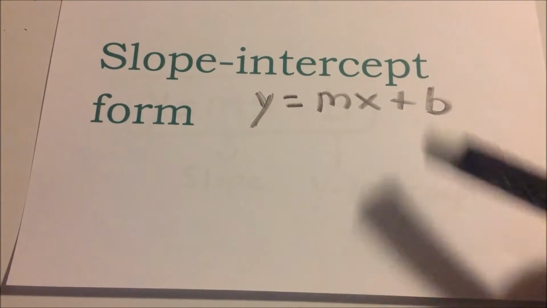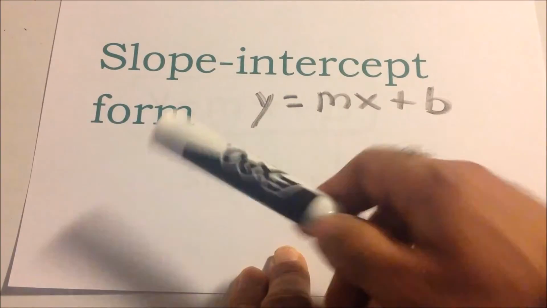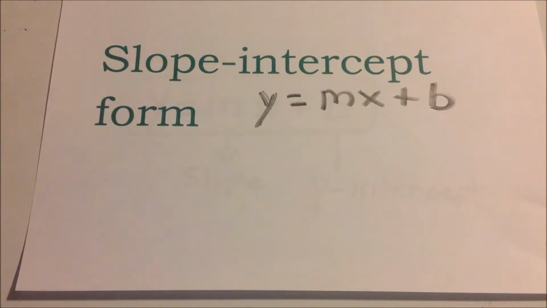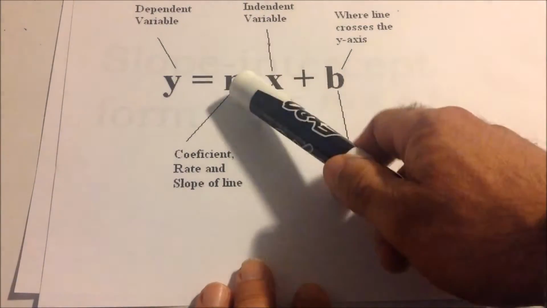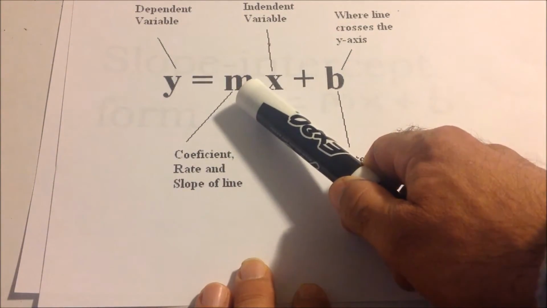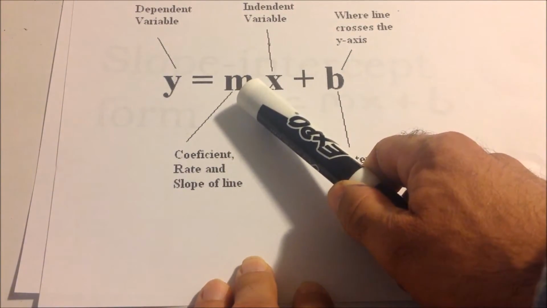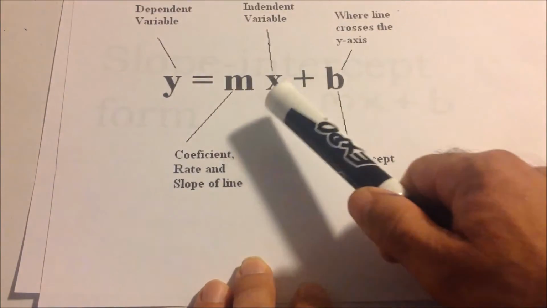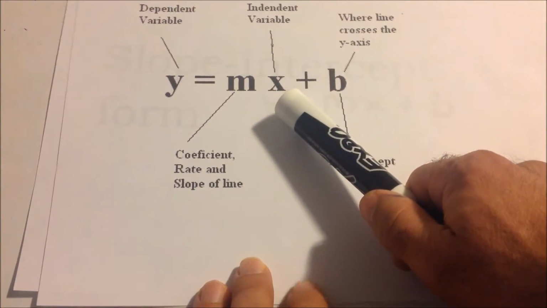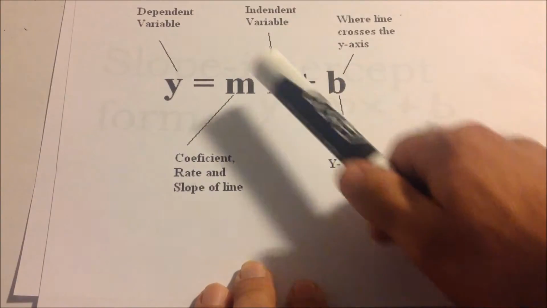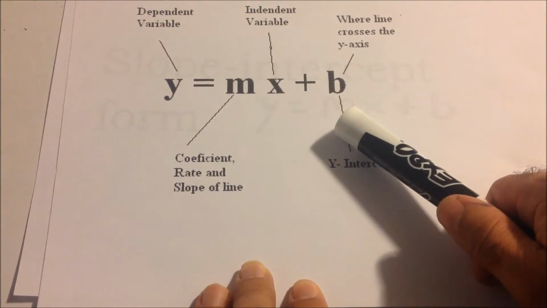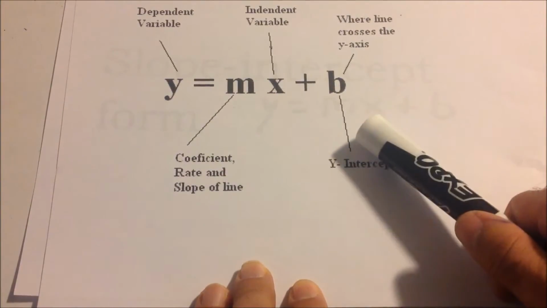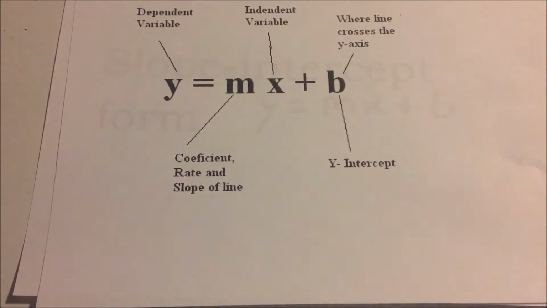For now, we'll just talk about the slope-intercept form. In slope-intercept form, remember, the M is the slope. It's also the rate. It's also the gradient. The X is the independent variable, which we'll go over. The Y is the dependent variable, and the B is where the line crosses the y-axis. It's the y-intercept.